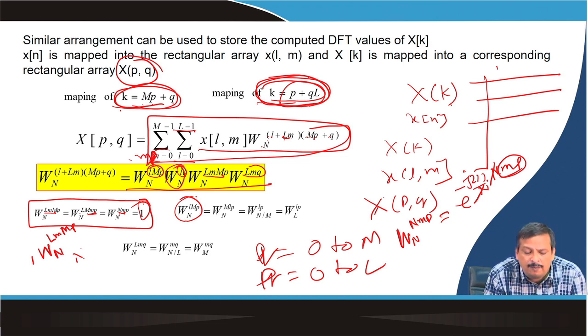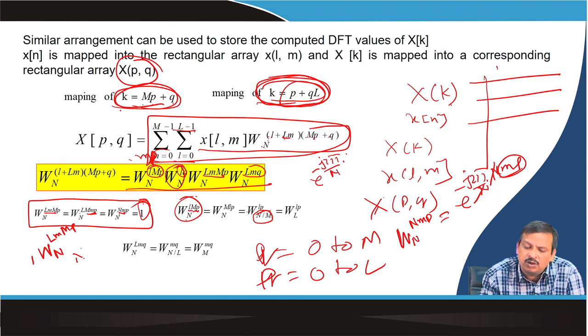Then what is Wn to the power l capital MP? I can express it in terms of W to the power lp with n by m, because e to the power minus j 2 pi by n into m lp.